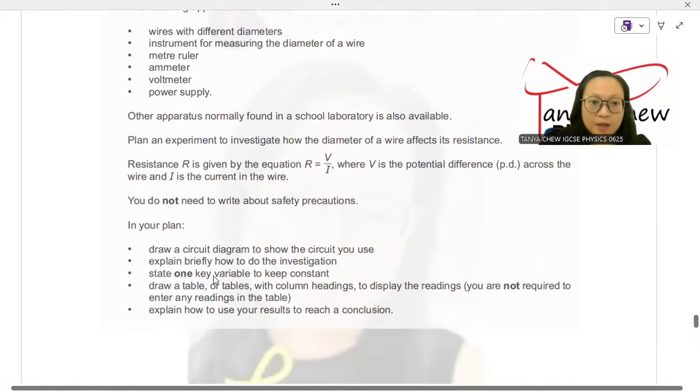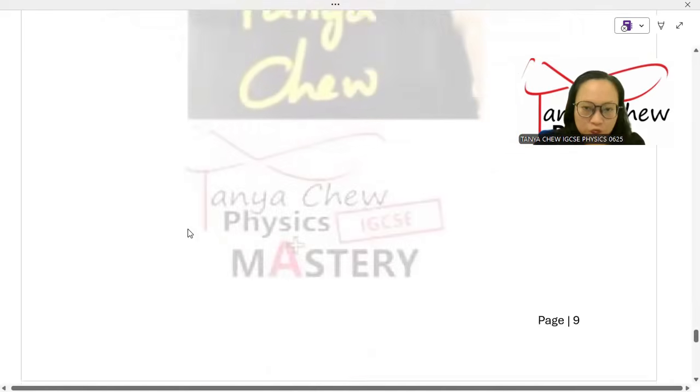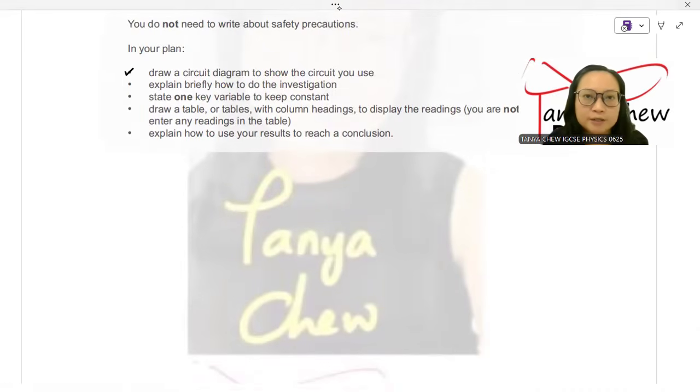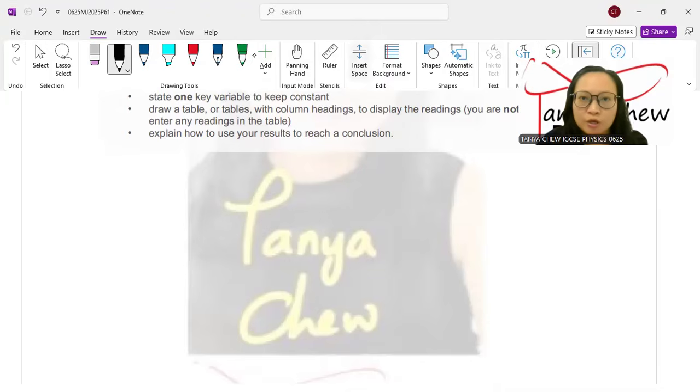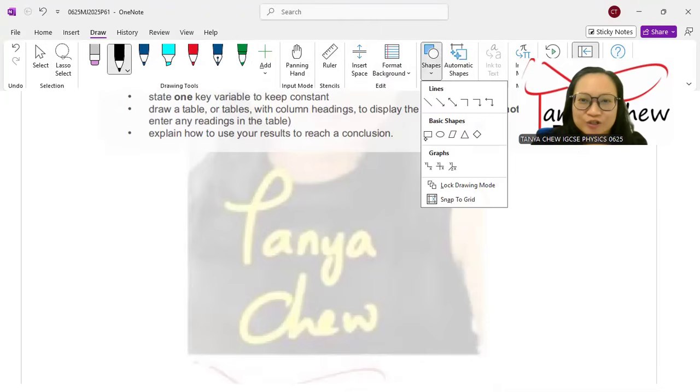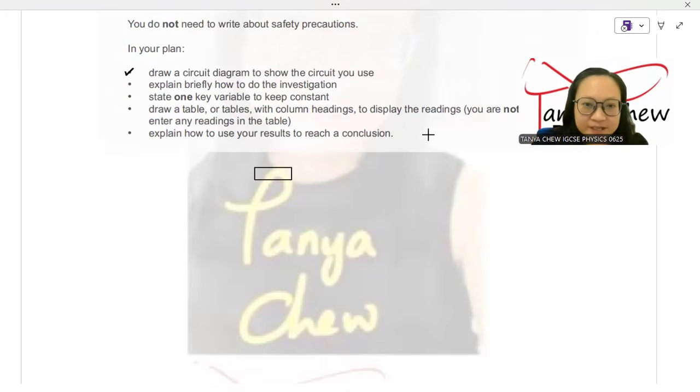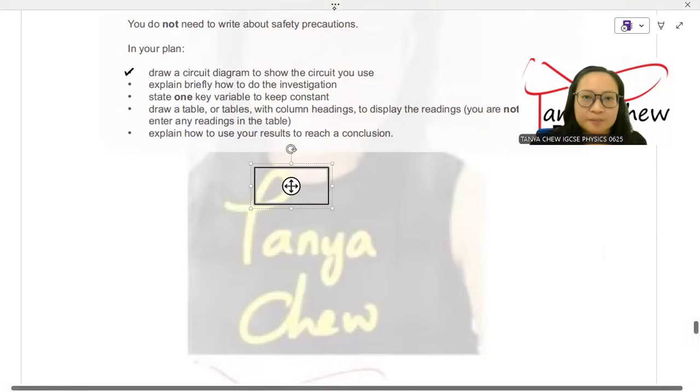Okay, that's good. In your plan, I'm going to follow this step by step. Draw a circuit diagram to show the circuit that you use. I am definitely going to draw it here. First, I use the shape to draw my power supply, because the power supply is given. So this is my power supply.